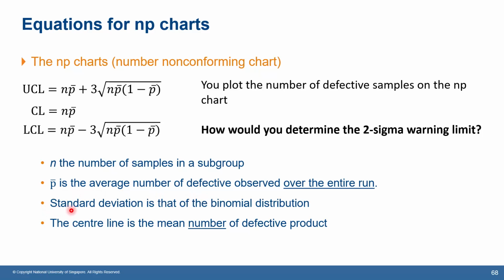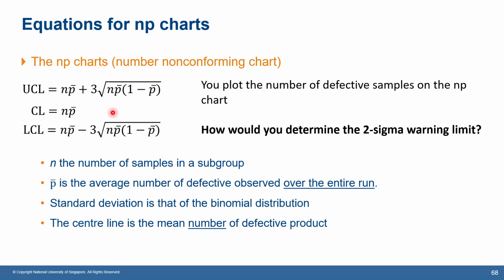The standard deviation is that of the binomial distribution. So basically what you're seeing, square root of NP bar times (1 minus P bar), is the standard deviation of the binomial distribution. The center line NP bar is basically the mean number of defective products.